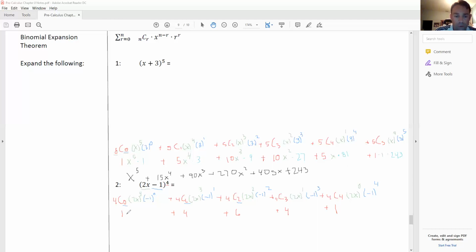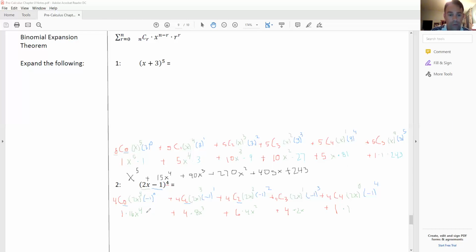So 2x to the 4th, so that's going to be times 16x to the 4th times 8x cubed times 4x squared times 2x to the 1st times 1. And now we get our blue values.